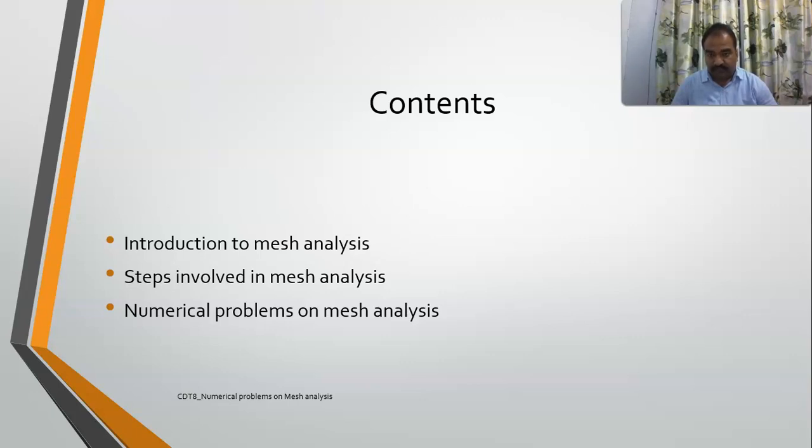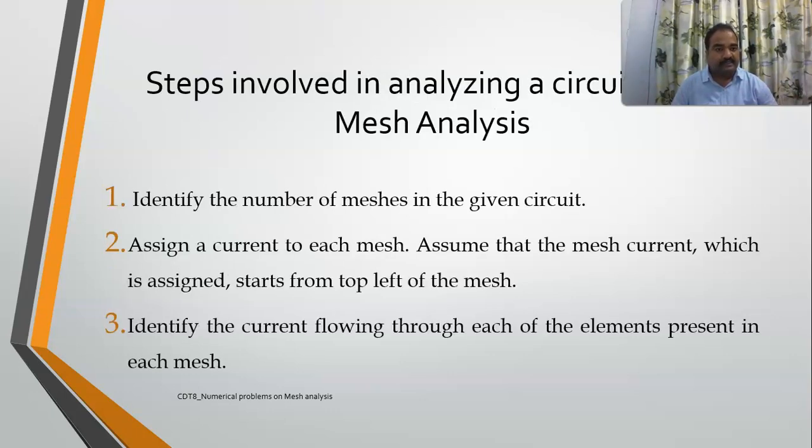So I'll start with a quick recap of the steps involved in mesh analysis. We have seen that there are 6 steps. The first one is identifying the number of meshes in the given circuit.